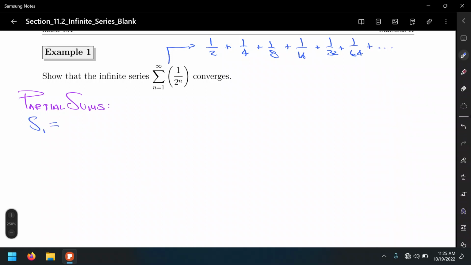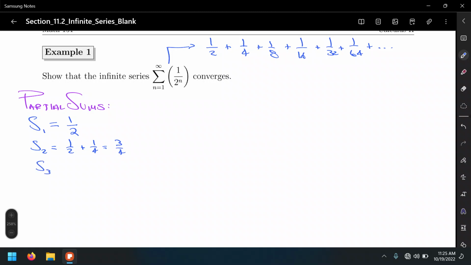And s sub 1 is just the first term, but come on, that doesn't take any addition, it's really just listing the first term. Now, s sub 2, that's the addition of the first two terms, in other words, 1/2 plus 1/4. And I really don't want to spend too much time finding LCDs and all that, so I'm just going to give you the answer to this. So that's going to be 3 over 4.